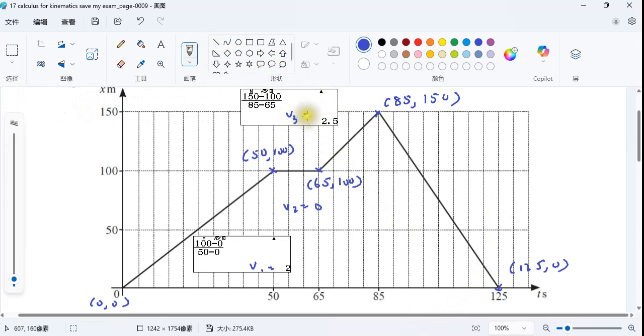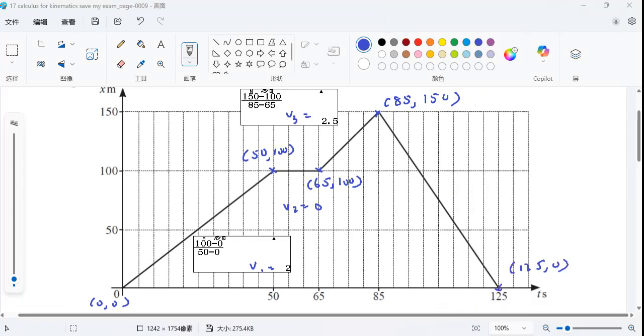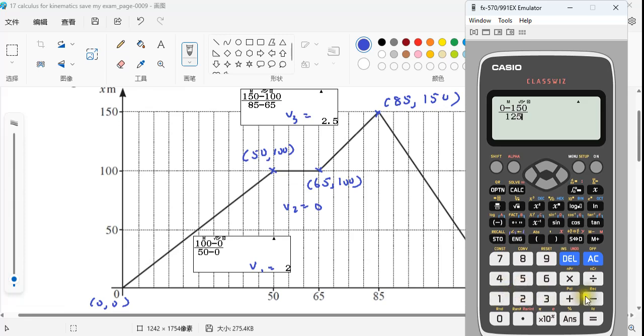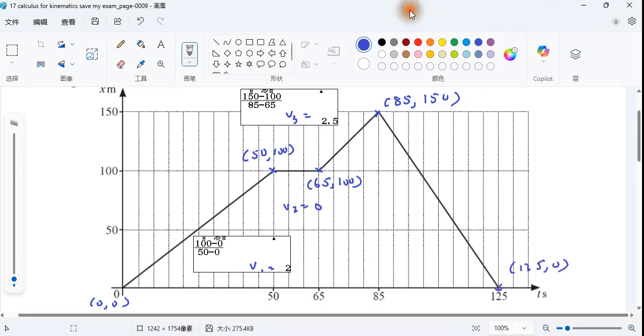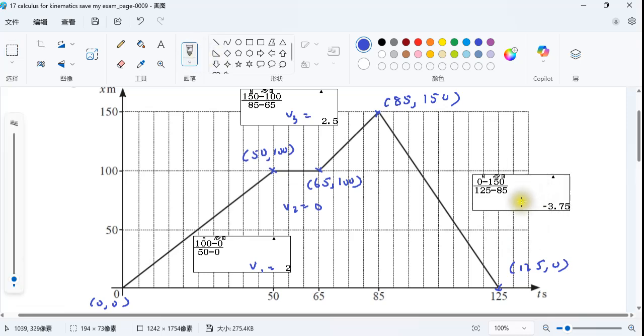And this is the V3. So V4 will be 0 minus 150 over 125 minus 85. So it's negative 3.75. So this is V4.